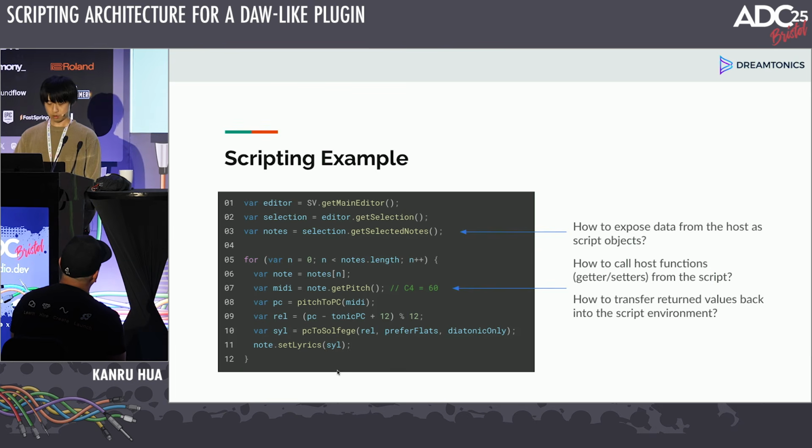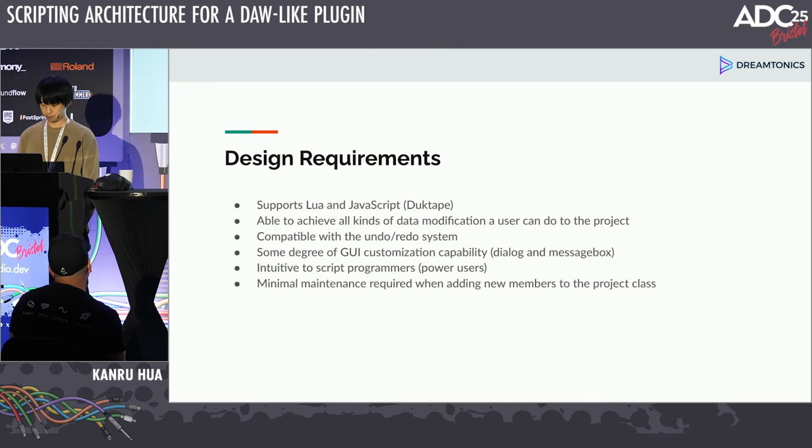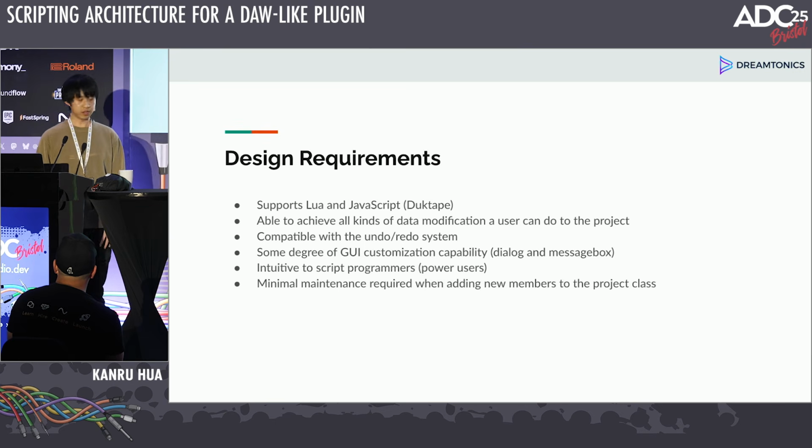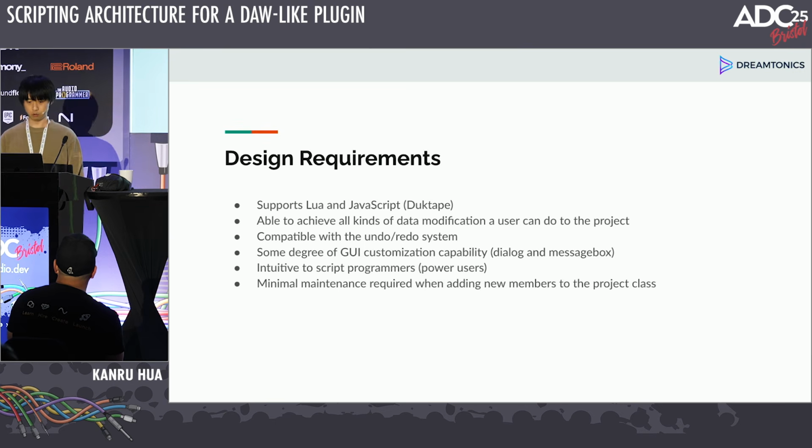Before we talk about how to implement this, let's have a look at what we need to design. Let me take a step back and think about the design requirements a bit more clearly in this bullet point list. In our case, the program supports both Lua and JavaScript.